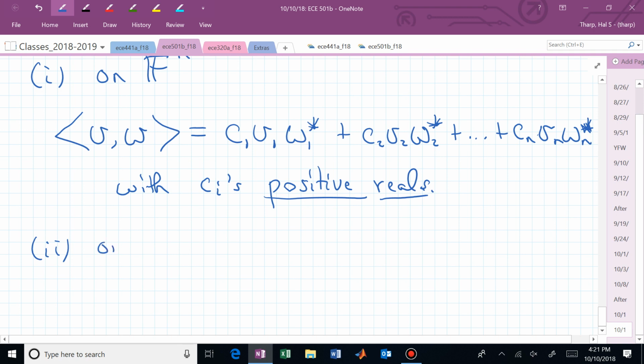Another one, let's say that we're now on, whoops, I don't need to even specialize it yet to reals. Let's just say that this is now nth order polynomials.